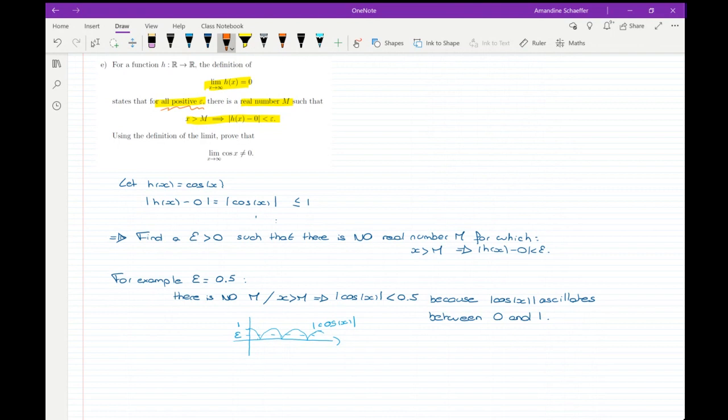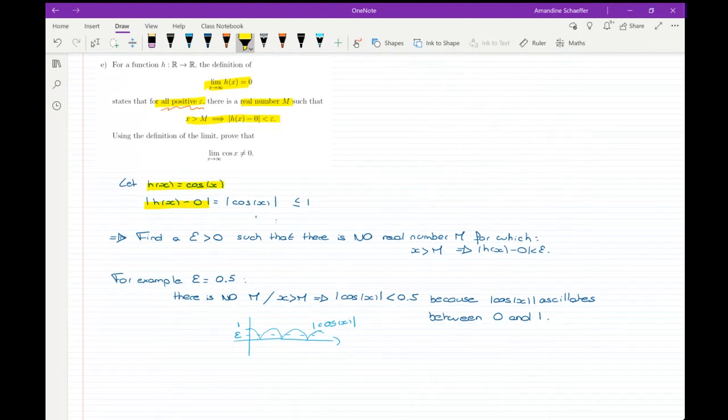So let's go through that. This is the function cos x. For the limit of cos x, you need the absolute value of cos x minus 0, and you know that this is always less than or equal to 1.